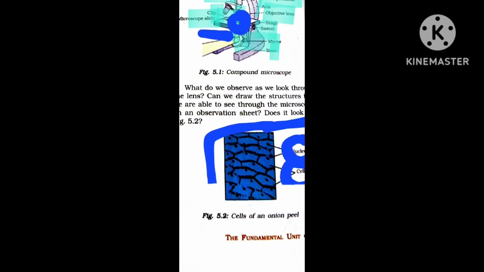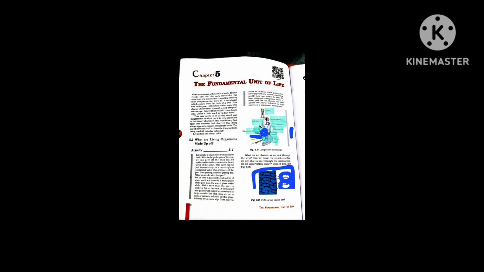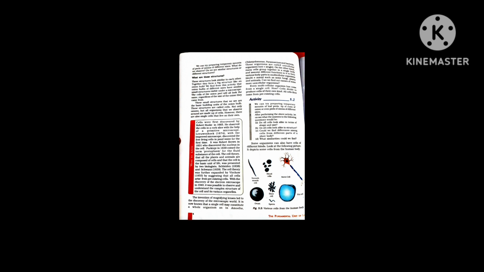So we compare this cell with the bricks, and that's why we call it the structural and functional unit of life. Every organism is made up of cells, just as every building is made up of bricks, right? This is the example for that activity.